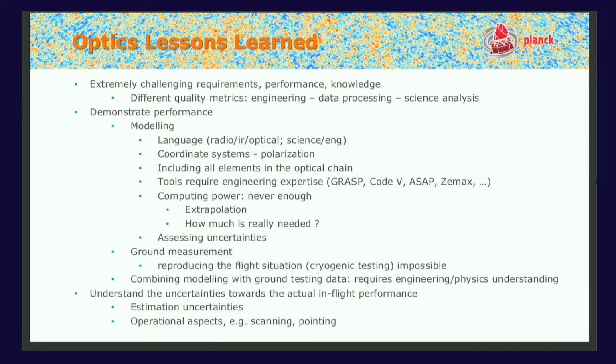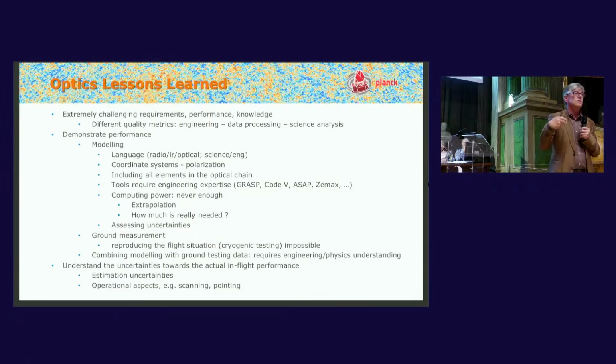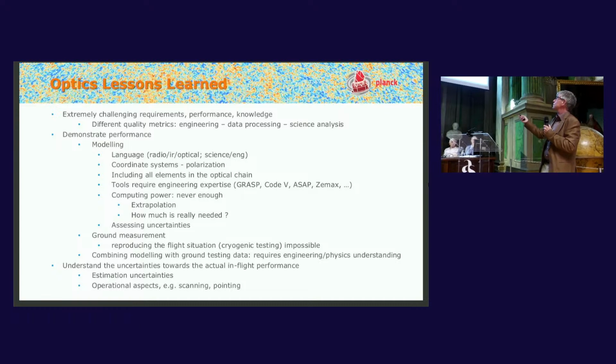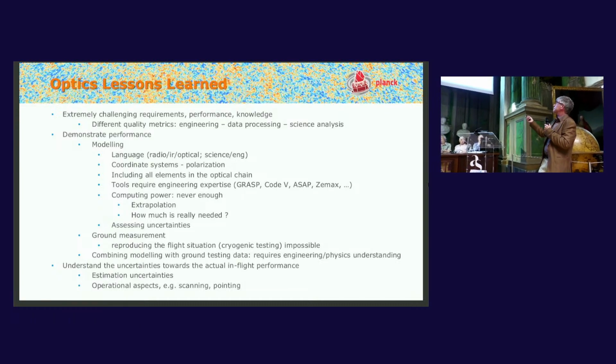So here's a few of the things which I thought would be worth mentioning. First of all, as we know, optics is one of the things that really determines the quality of the result for a CMB experiment. The requirements are extremely challenging, right? The performance you want is very challenging, and you also need to know things very well in flight.